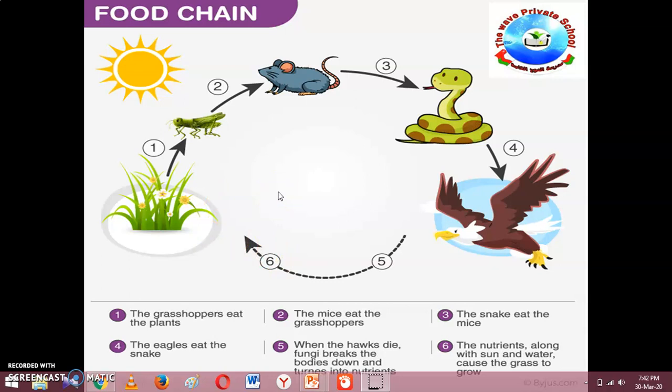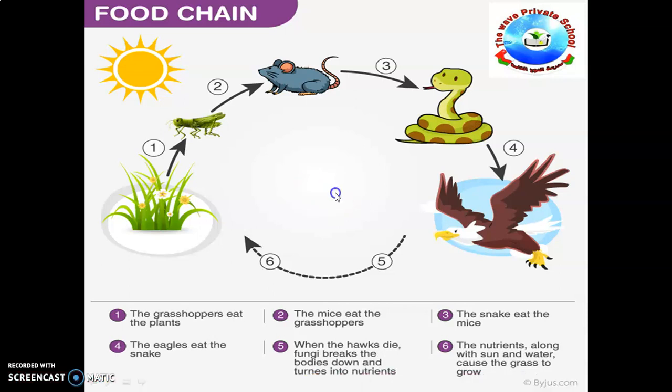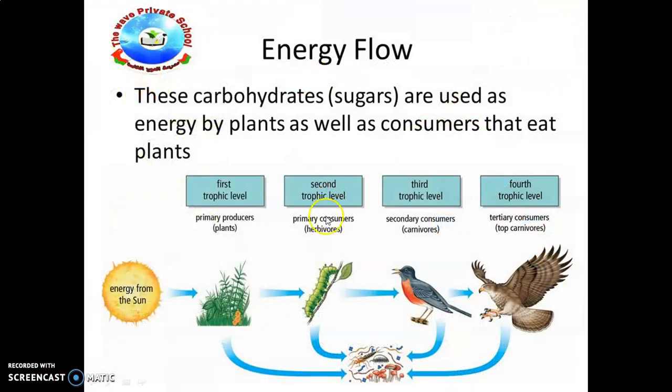So many different food chains link to form a food web. Here you can see the energy from the sun is taken by the plant, and plants are eaten by the grasshoppers or the caterpillars, and these are eaten by the birds and again by the eagles.